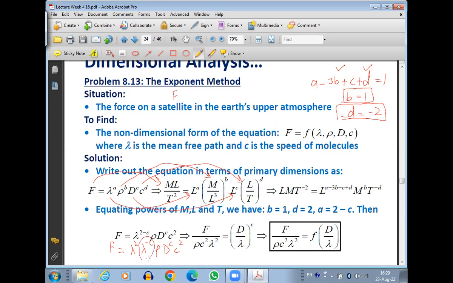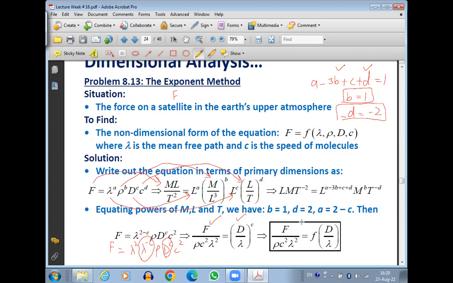This is with exponent minus C, and this is with exponent C. We can combine them together: it becomes D upon lambda to the power C, and the rest are without exponent C, so they are taken to the other side of the equation. It becomes F over lambda squared rho C squared. So you get this as one dimensionless parameter, and this one as the other dimensionless parameter. So we get 2 dimensionless parameters, one as a function of the other.